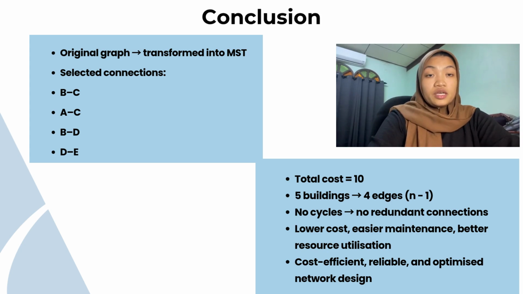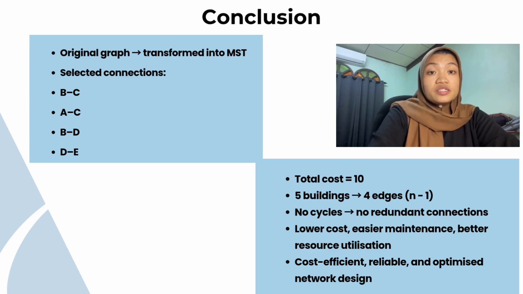In conclusion, the campus internet network can be effectively optimized by transforming the original graph into a minimum spanning tree, or MST. By applying Kruskal's algorithm, the most suitable connections selected are BC, AC, BD, and DE with a minimum total cost of 10. This means that all buildings are successfully connected while avoiding any cycles.